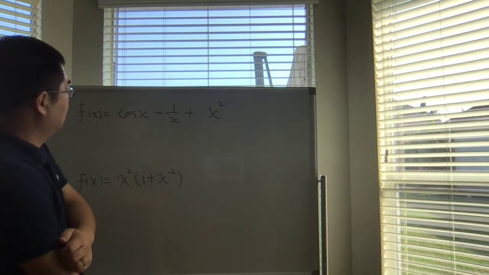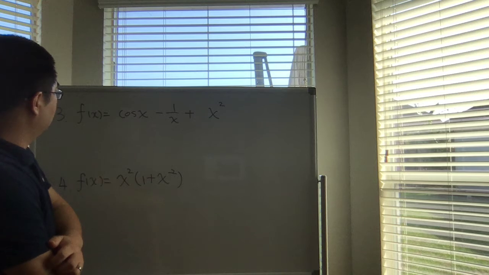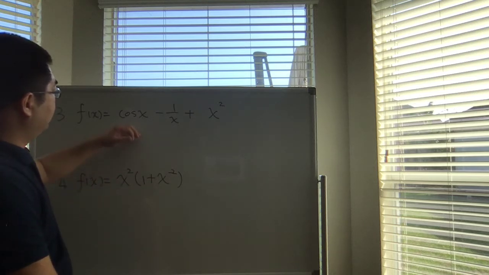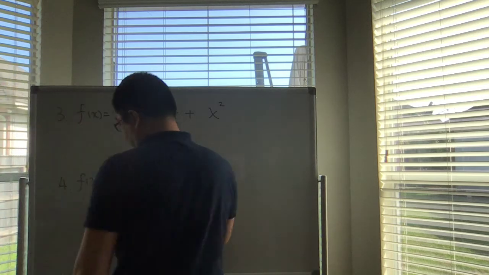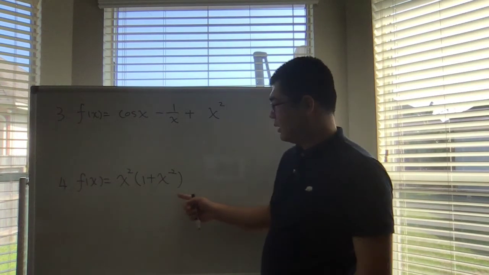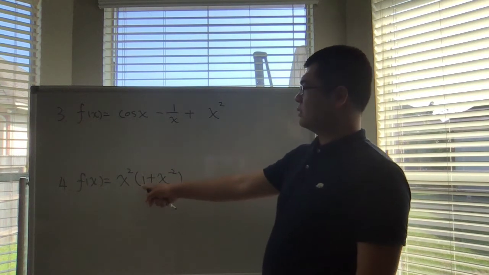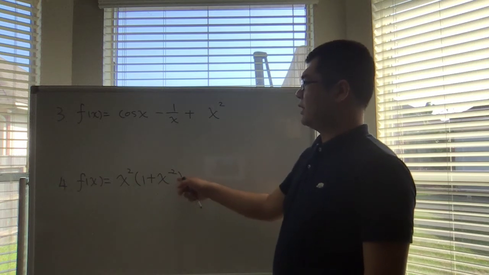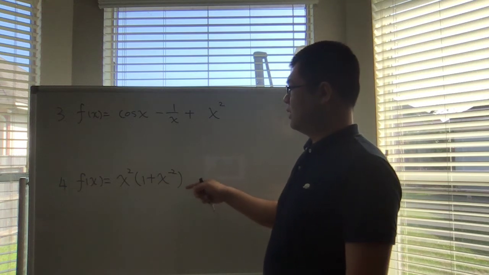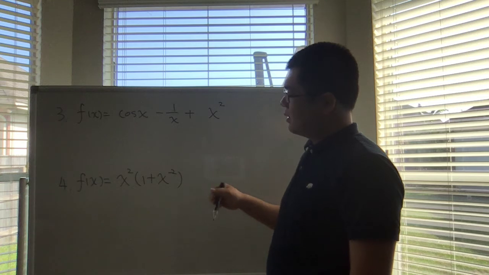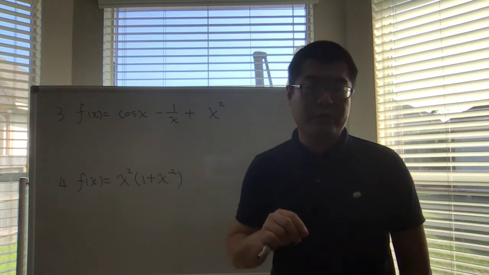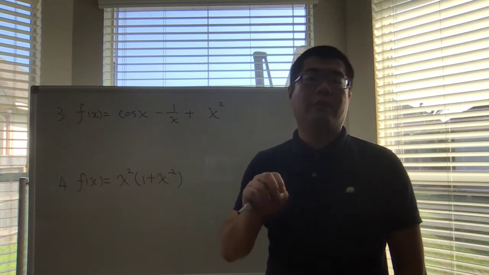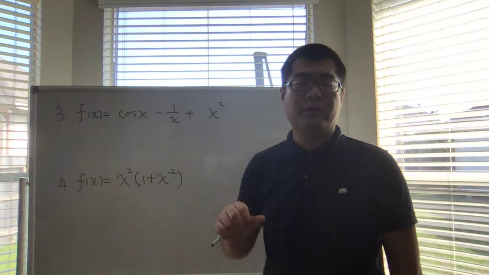Now, look at number 3 and 4. Maybe we take a look at number 4 here. Okay, and you see it's x squared times 1 plus x to the power of -2. Be very careful, guys, when you have a function and you're trying to figure out the antiderivative of that function here.